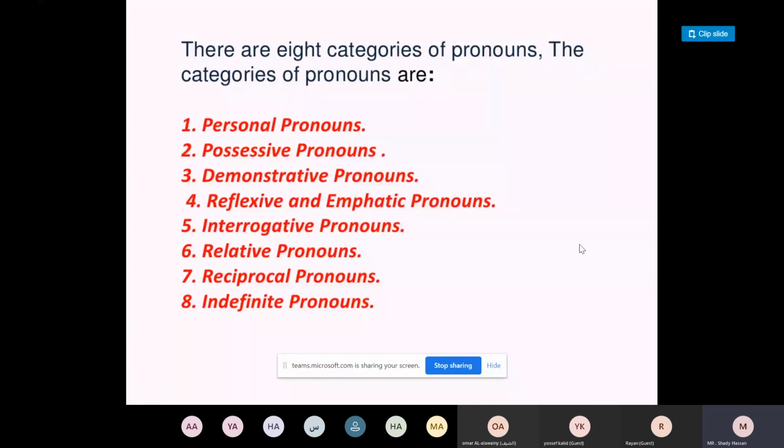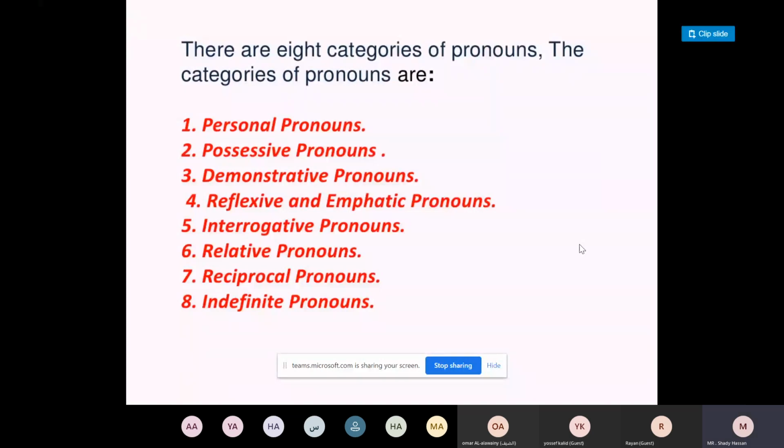Demonstrative pronouns, this is number 3. They are the pronouns we use to refer to somebody or something, like this, that, these, those. Reflexive and emphatic pronouns: myself, himself, herself, itself, ourselves, yourself, yourselves, and themselves. Interrogative pronouns, like what, when, where, why, how, whose, whom, which.